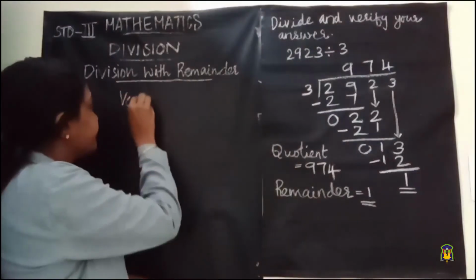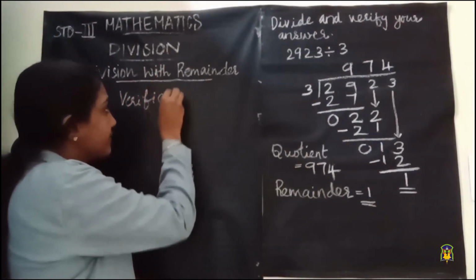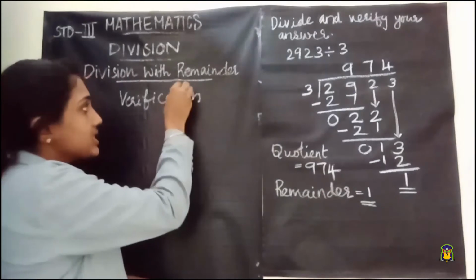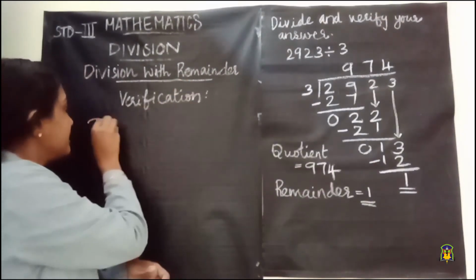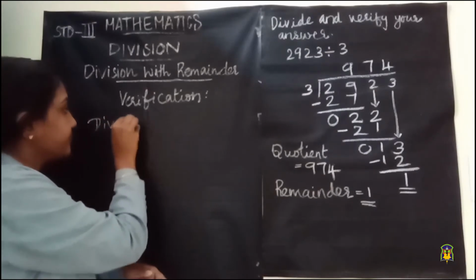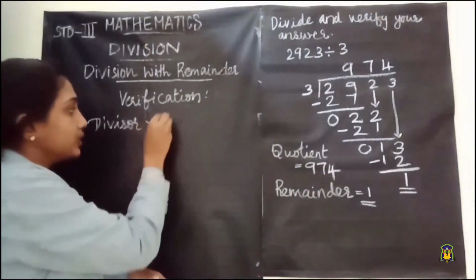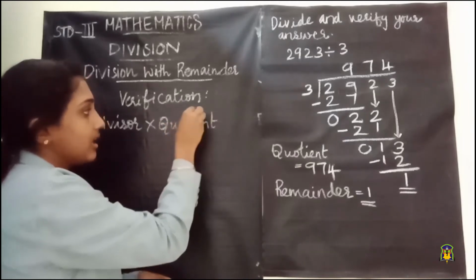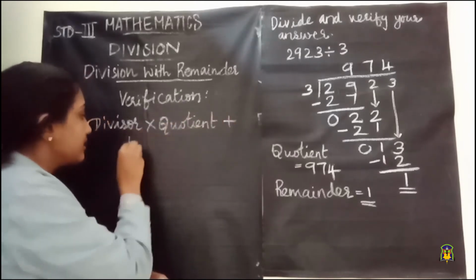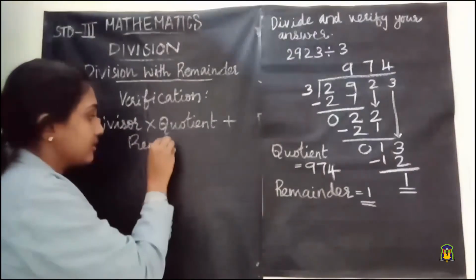So we are doing our verification, and in our verification, what are we doing? We will multiply divisor into quotient and add the remainder.